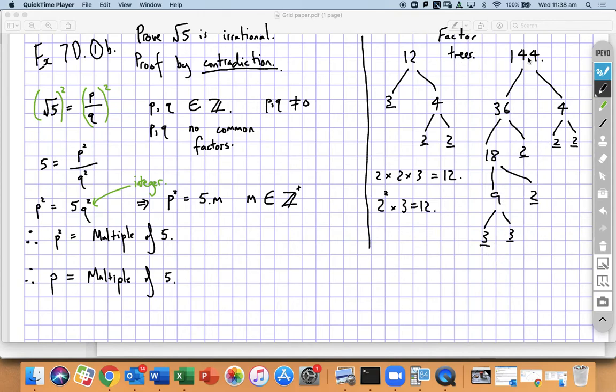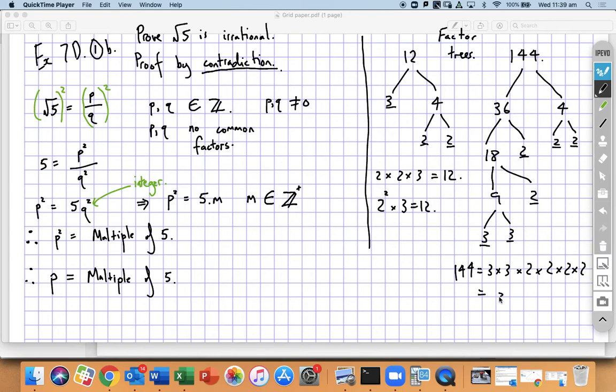And if you keep working down, you end up with prime factors, prime numbers. You can't reduce this. I could say 3 has factors of 1 times 3, but apart from that, these are prime numbers. So 144 would equal 3 times 3 times 2 times 2 times 2 times 2.